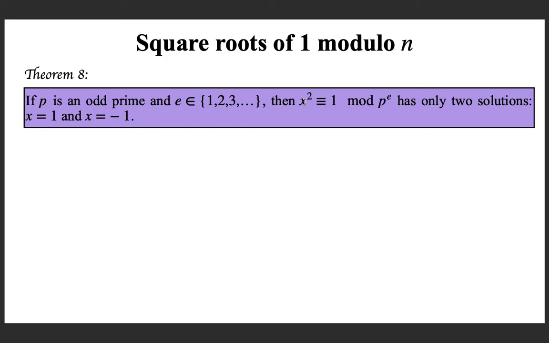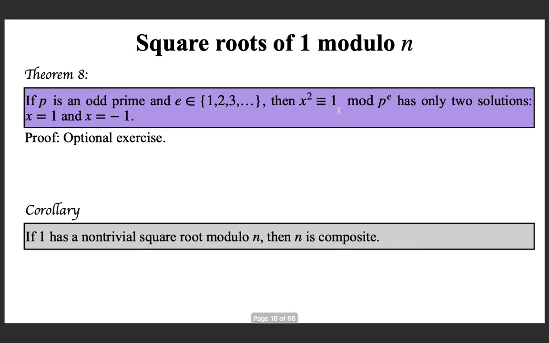The only values of x satisfying this equation when P is prime are x is 1 and x is minus 1. So, when P is prime, you will only have trivial square roots for 1, and the proof is left as an optional exercise.